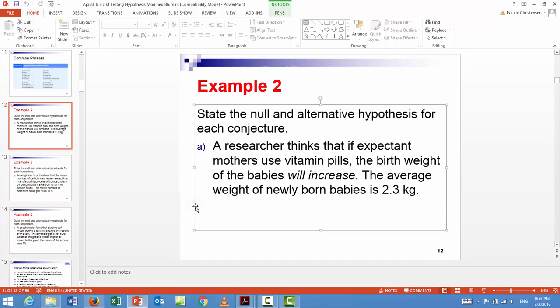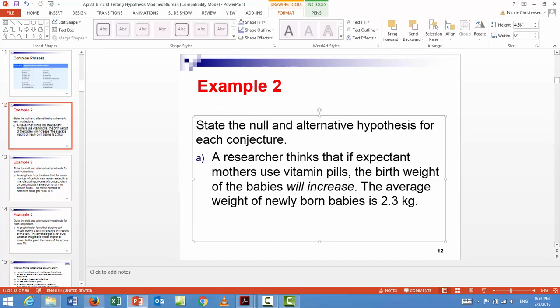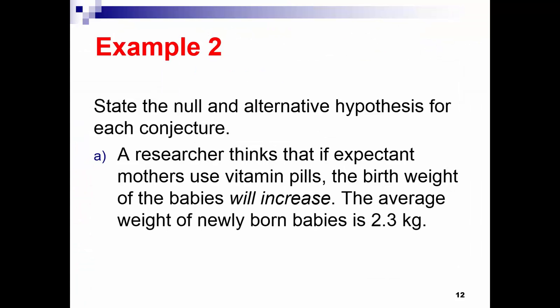So the null hypothesis is what we know. Just reading this, we know that the average weight of newborn babies is 2.3 kilos. Now what the researcher is interested in checking is seeing if the birth weight is going to increase. So that would be our alternative.